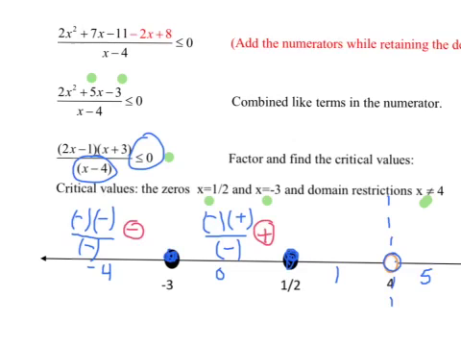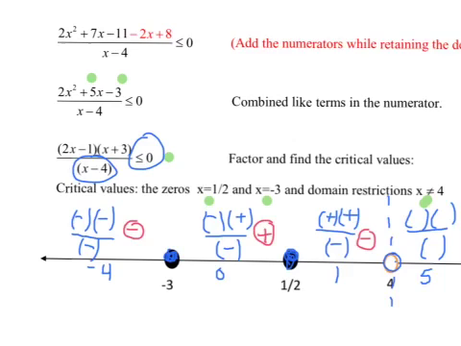I still have two more sections. I'm going to fill in 1 and I get a positive value here. I get a positive value when I add it to 3. I get a negative value in the denominator, so that area, as expected, is going to be negative. And then finally in this last section, I get to 5.